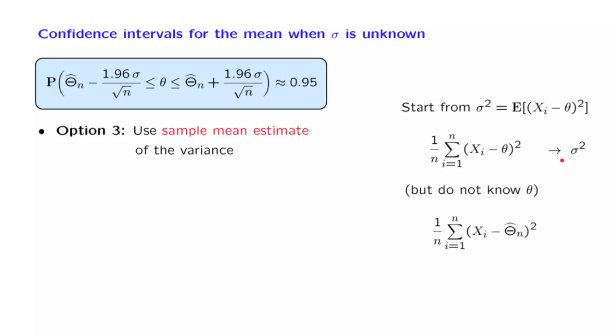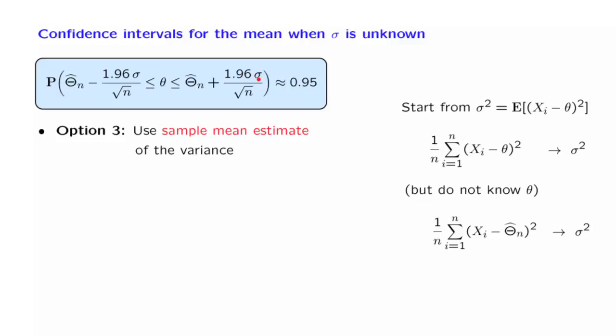Now, this expression converges to sigma squared, and we conclude from this that this expression will also converge to sigma squared. And so here we have a way of estimating sigma squared from the data, and by taking the square root, we obtain an estimate of sigma as well that we can plug in this expression. And this gives us a complete way of coming up with confidence intervals when we only have data available in our hands, but do not know ahead of time what sigma is.